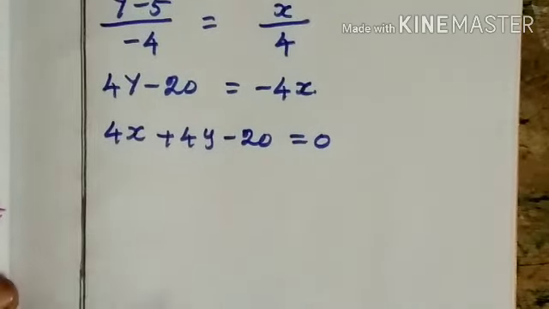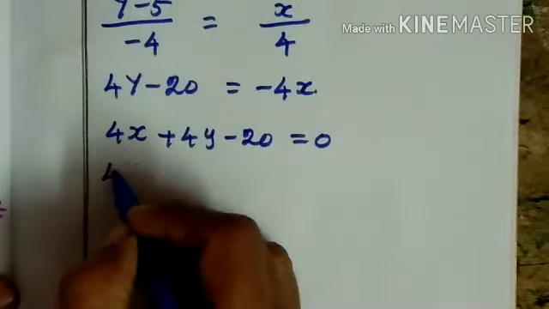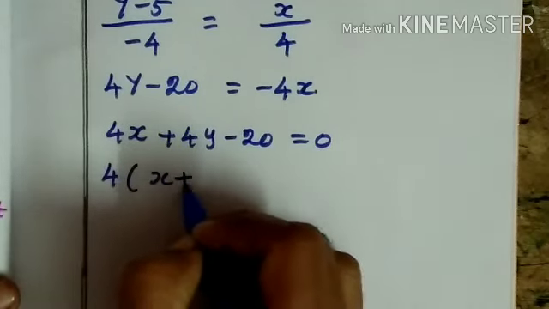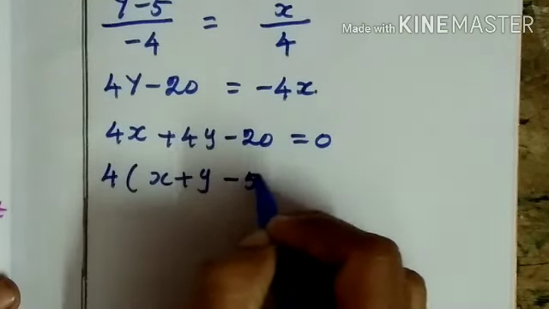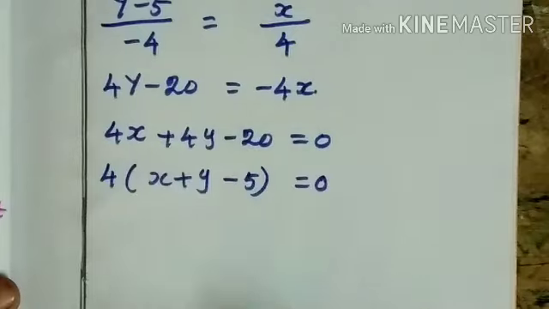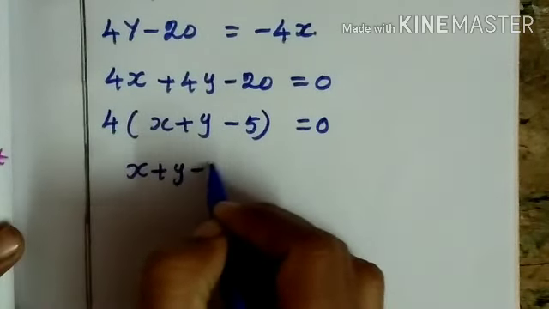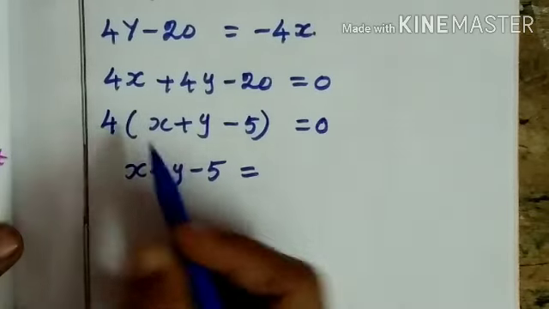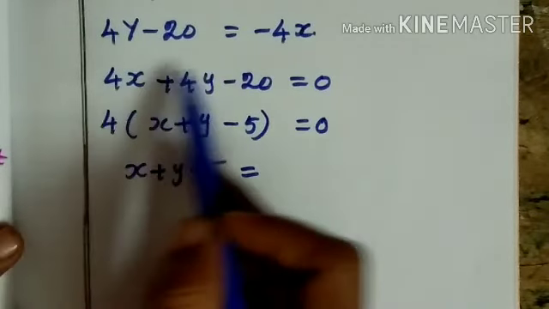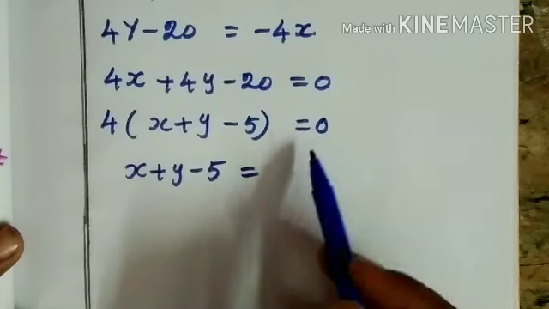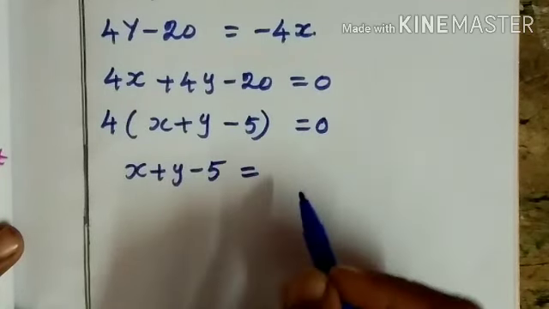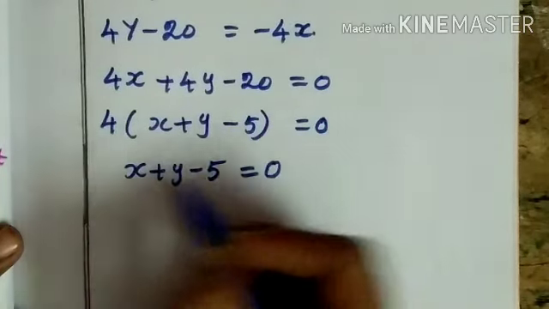So you take out 4, and we get 4 into (x plus y minus 5) is equal to 0. Then x plus y minus 5 is equal to 0 divided by 4, that is 0.